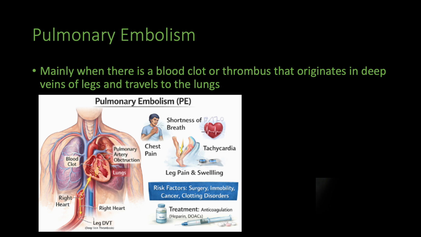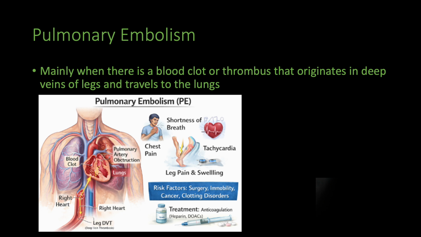Some of the symptoms a patient may get when they experience pulmonary embolism are chest pain and shortness of breath. They might get a fast heart rate or tachycardia, or an irregular fast heart rate. And then you have leg pain and swelling that's still present since it's coming from the deep vein thrombosis as well. So there could still be some clot there and a clot in the pulmonary embolism.